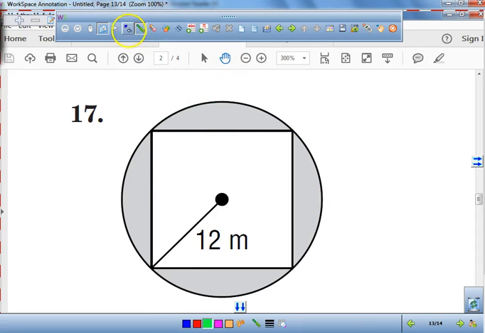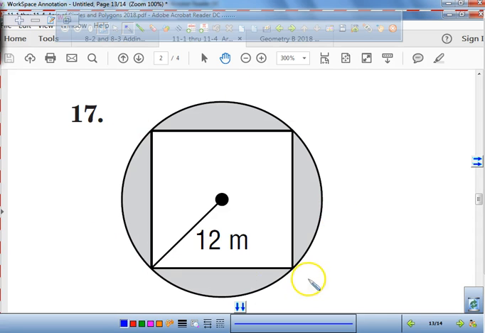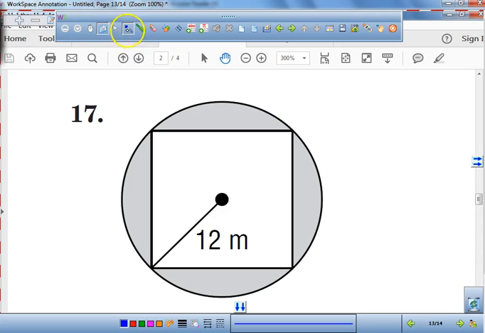Now if I gave you scissors and this picture, you would cut this circle out, and then what would you cut out of the circle? You would cut out the square. So here's what I want you to do. Put area of shaded.